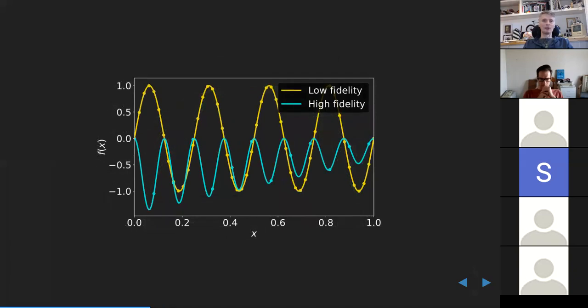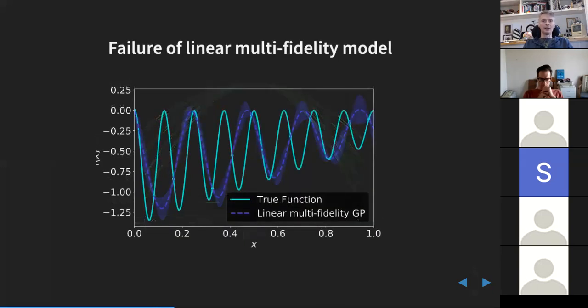It's got more design points from the low fidelity because they were cheaper. It's decided to cut through and totally miss the truth. Here you can see it's cutting through the design points beautifully, and then outside the region of the design points, it's massively confident about the wrong thing.